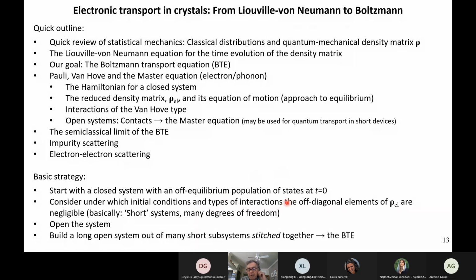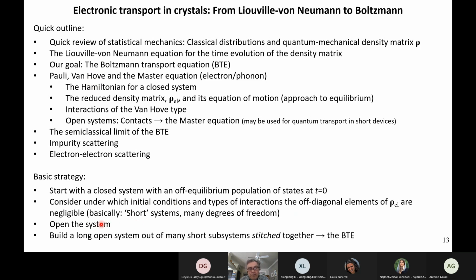Under which conditions in particular, we recover a sort of classical description, meaning that the off-diagonal elements of the density matrix, which are those that describe coherent linear superpositions of states, and we have to specify off-diagonal in which representation, of course, under which condition they die, or you can ignore them, which is the major contribution that Van Hove did. Pauli assumed at every time step that this happens.